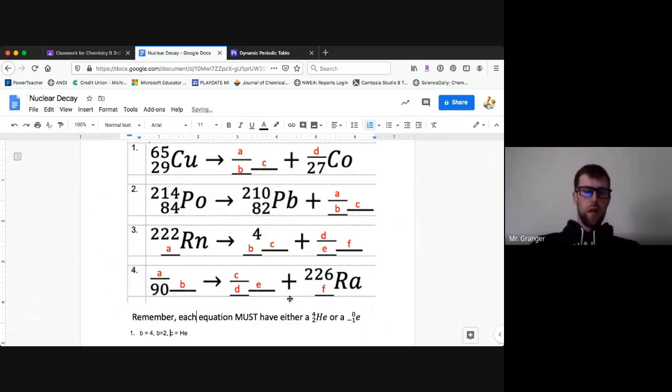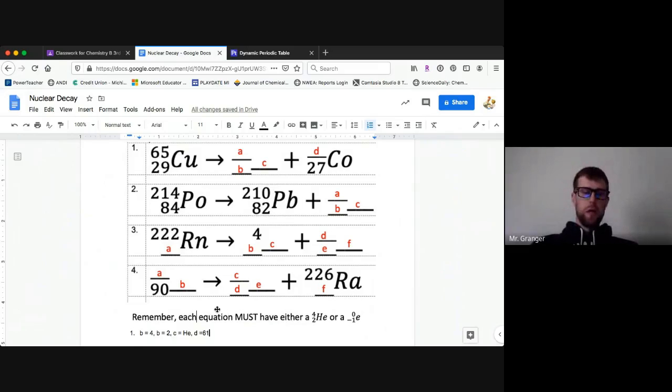So these are your answers for the blanks for this example. And then to continue to the last blank, letter D on cobalt, if A is 4, 65 minus 4 would give us the value for the mass of cobalt. So 65 minus 4 is going to equal 61 for letter D over here.